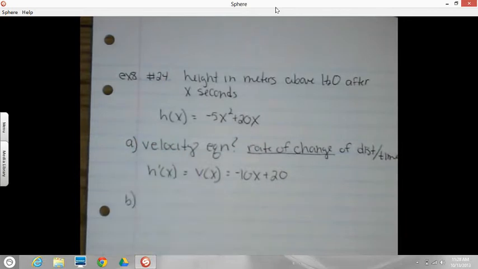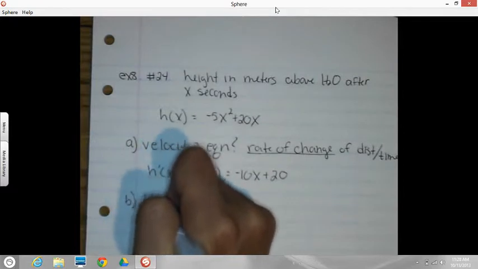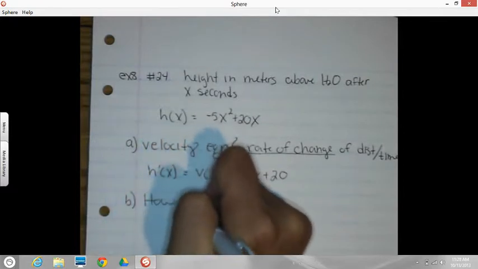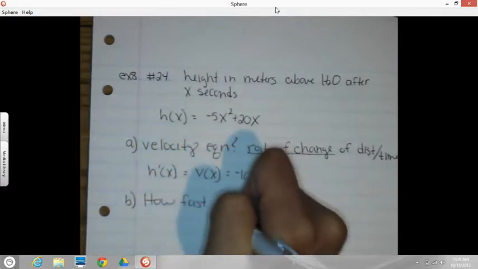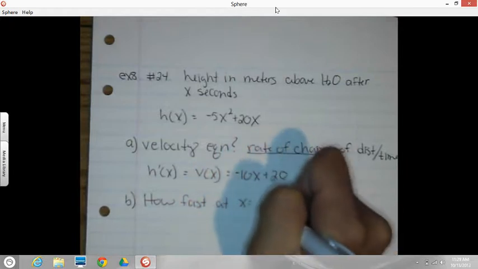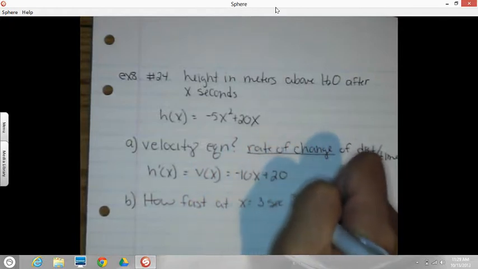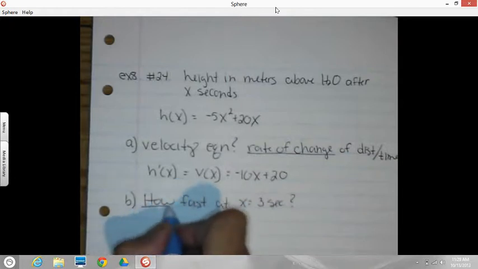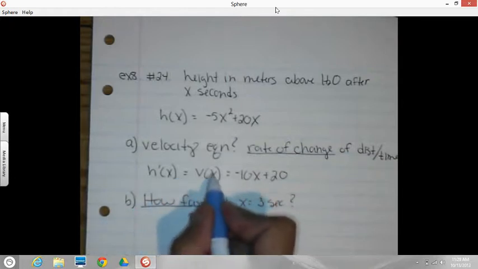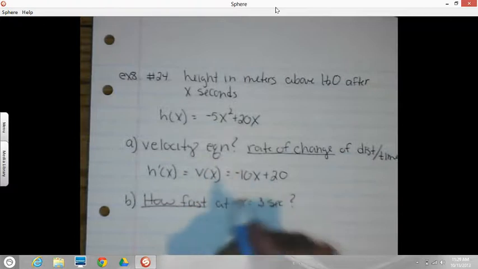How fast was the book going after 3 seconds? How fast at x equals 3 seconds. How fast is a velocity? We've got a velocity equation. All we've got to do is plug the 3 into the velocity equation.